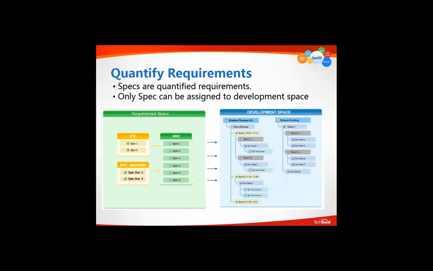Sometimes a requirement like spec 2 and spec 3 needs to be assigned to a product backlog. Release backlog is the same as a product backlog. A release backlog just means it's not committed to product version 9, so it becomes a release backlog. But a release backlog is a product backlog.